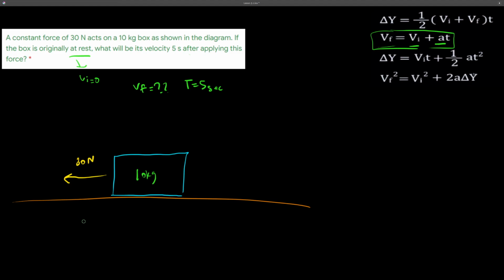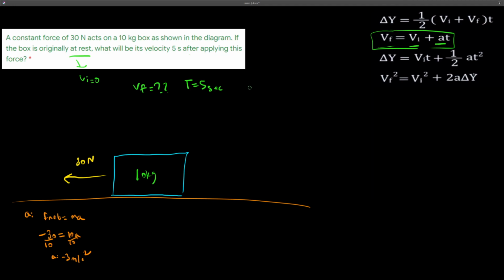To calculate the acceleration, we do F net equals mass times acceleration. F net is minus 30 newtons, right? Because it's going to the left. It's equal to the mass, which is 10, times the acceleration, which is unknown. Dividing this by 10, we get the acceleration is equal to minus 3 meters per second squared.